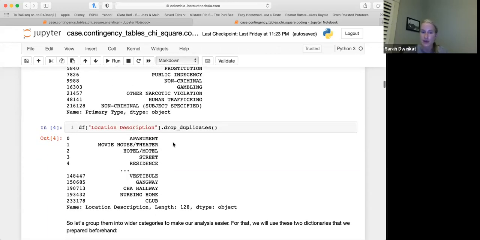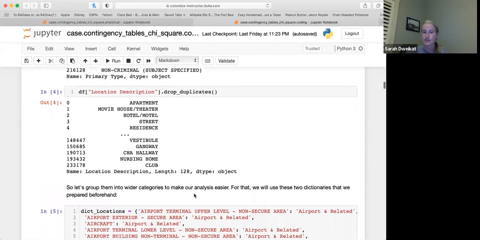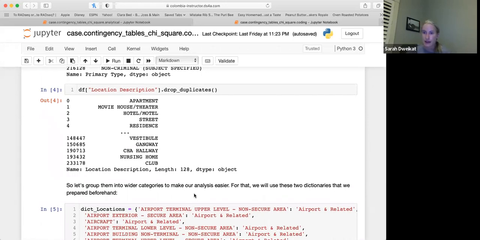And the same for the locations. Here, it doesn't even print all of them out. There are 128 of them. So we have a lot of different unique locations as well. That is what led us, in the previous lecture, to talk about how we would want to compress some of those into wider categories.